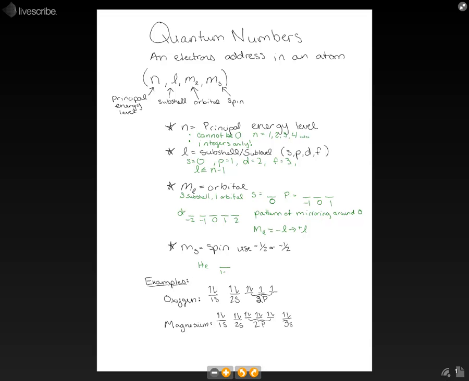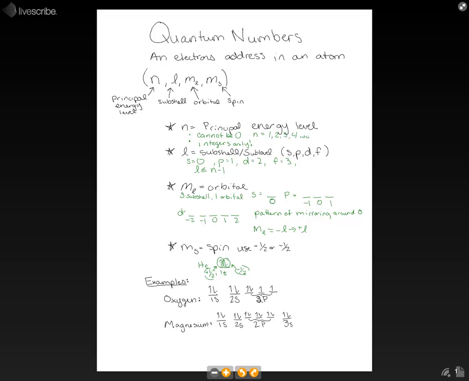It only has a 1s orbital, and it has a positive and a negative electron, or positive and negative spin. So when it's pointing up, that is going to be our positive 1/2. When it points down, that's going to be our negative 1/2. And that's fairly arbitrary, but that's the general accepted way to do it.